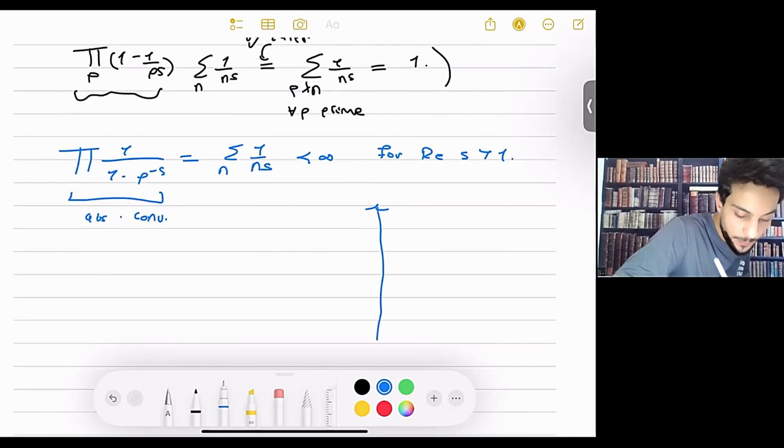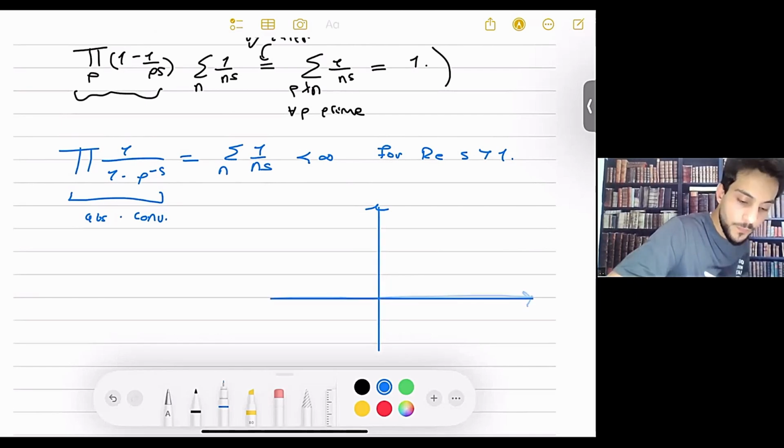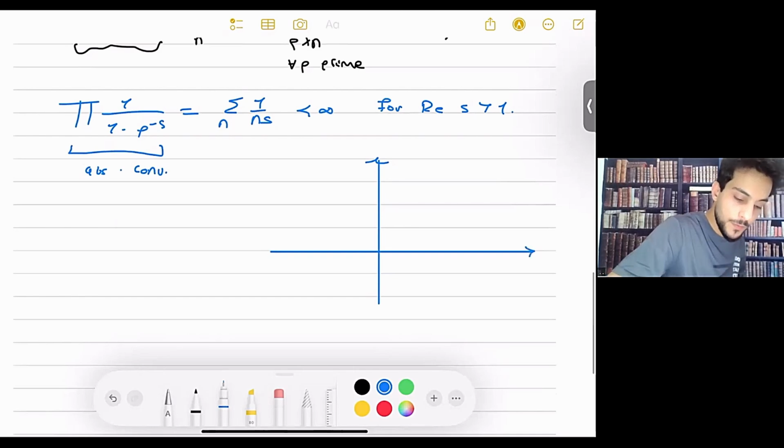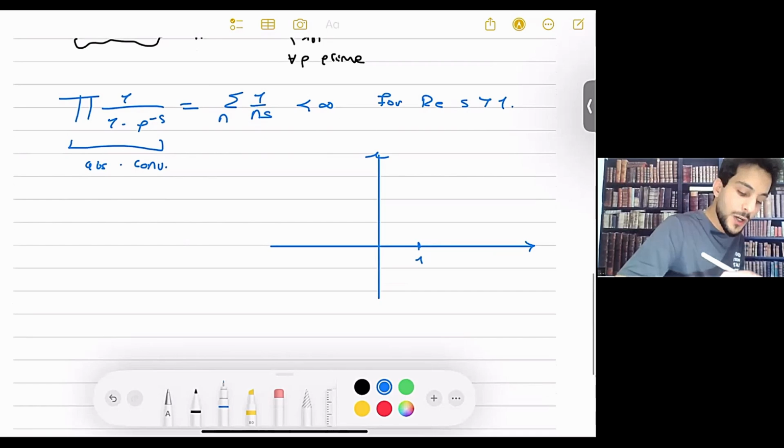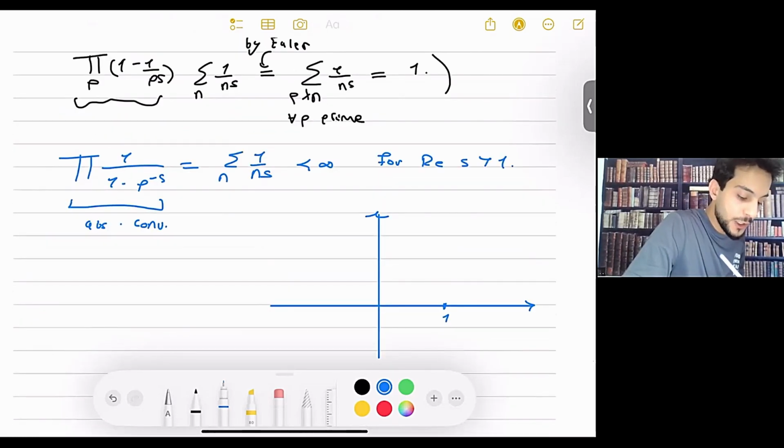If we consider the complex plane now, and let's say this is 1, an absolutely convergent product admits a 0 if and only if one of the things we're multiplying is 0.